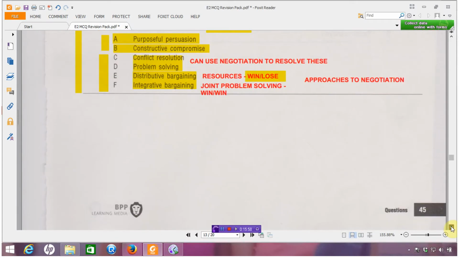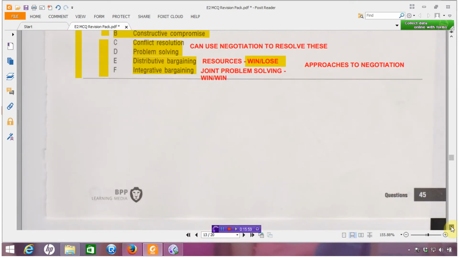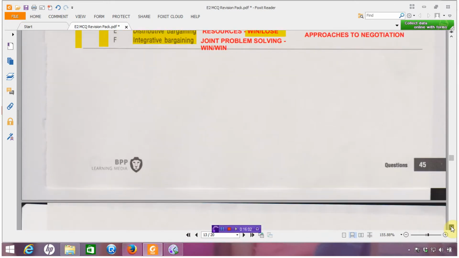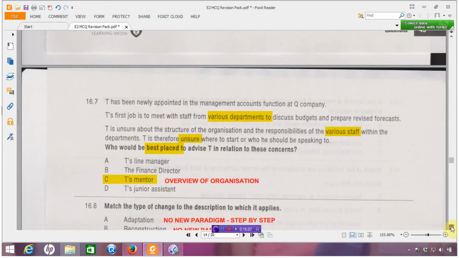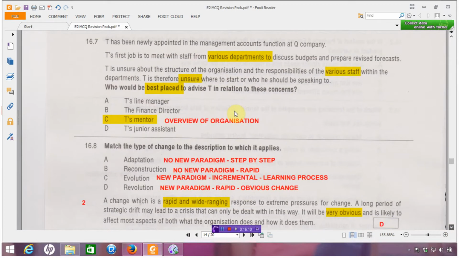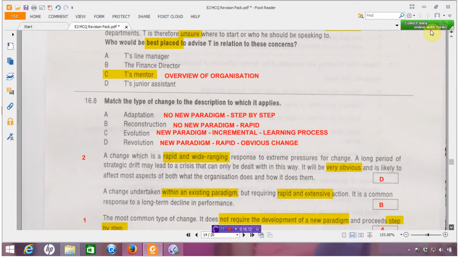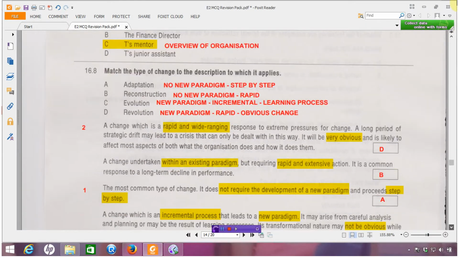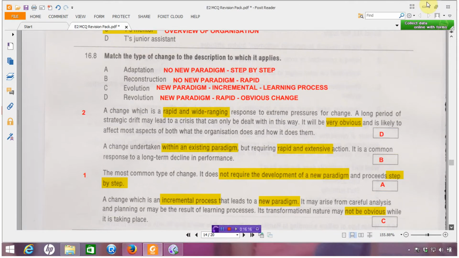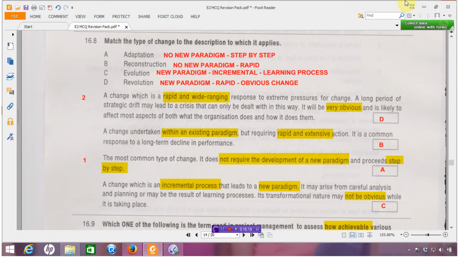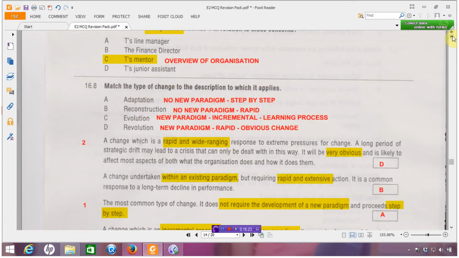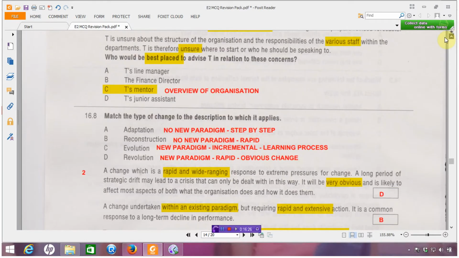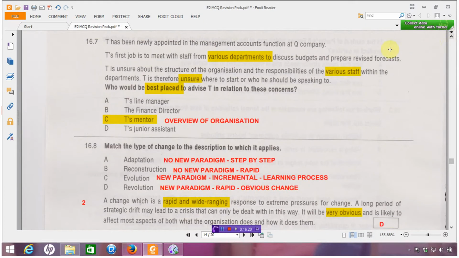This is a question that caused one or two difficulties when we went through it in class. It just really relates to this idea of mentoring and who would be best to provide a solution to a given manager's problem. What we'll see here is that we have an individual who is having an issue with certain aspects of a new job.